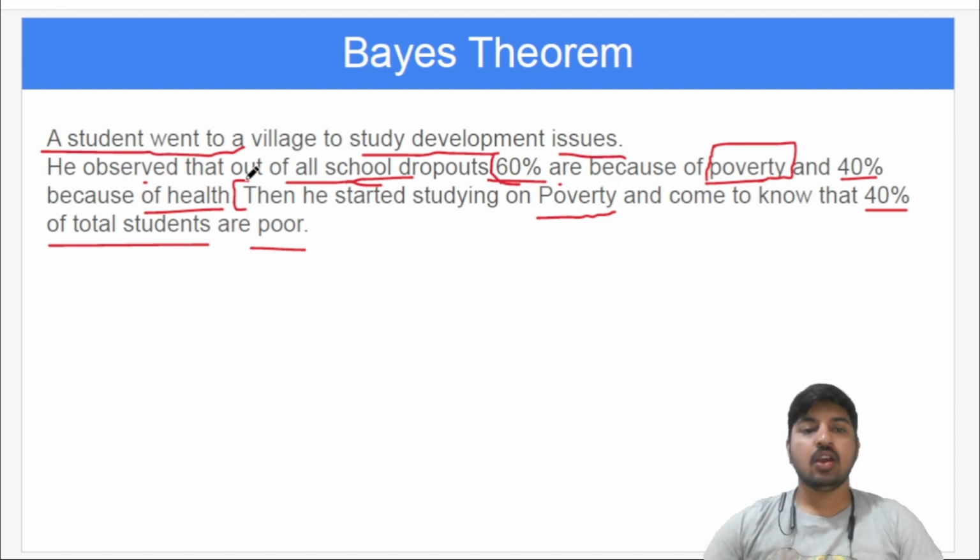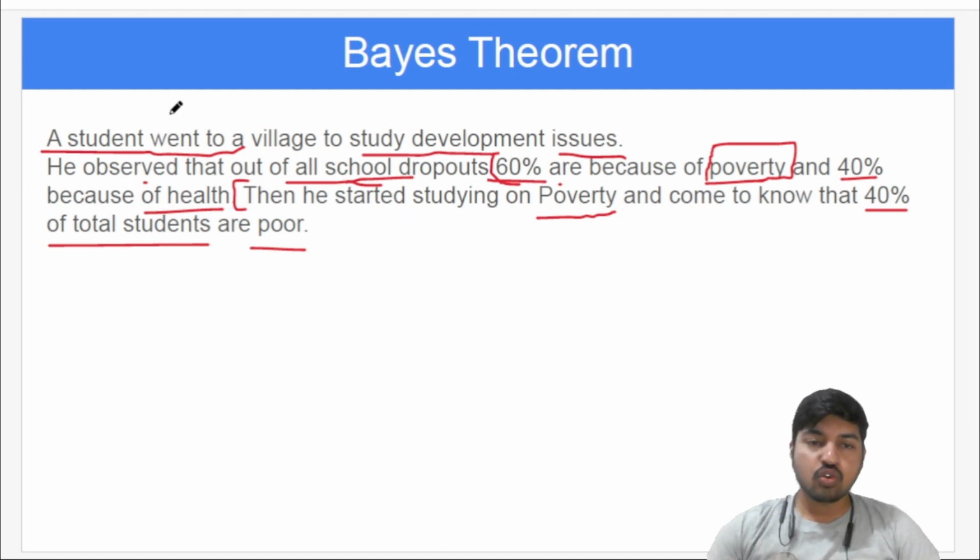Okay, so there is a situation. This is the data after you have gone and done some PLA tools, that is participatory learning methods, or some survey, but you come to know this with surety.